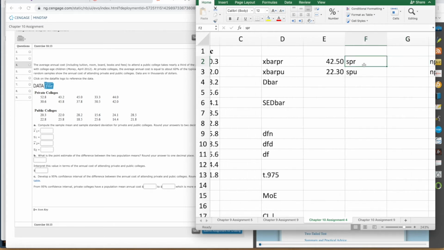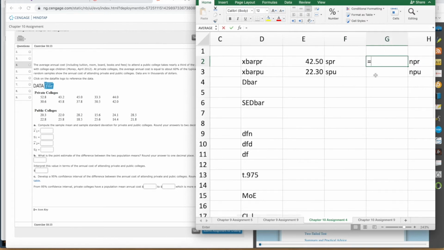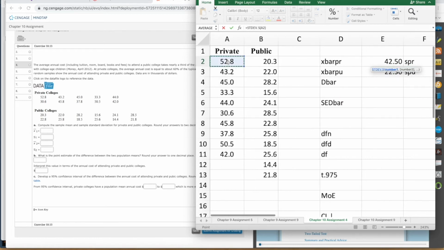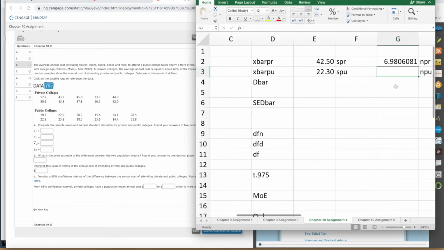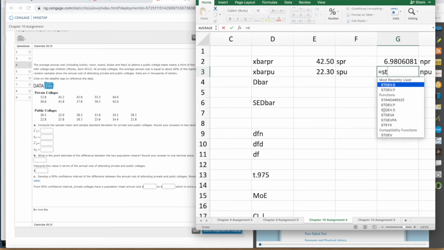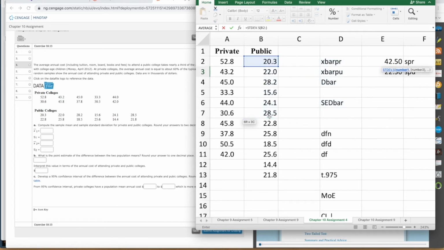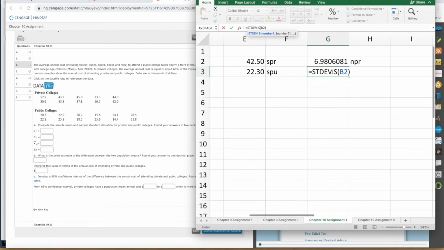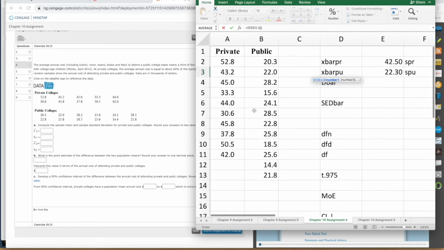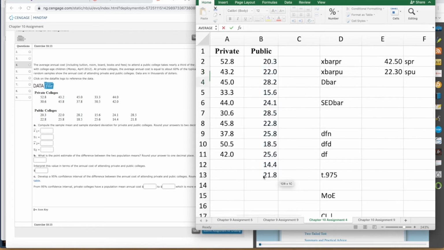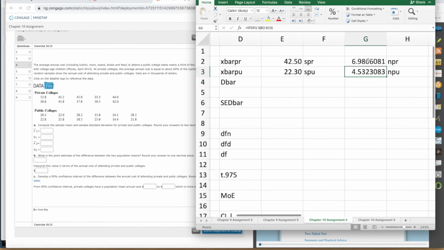So SPR, the sample standard deviation, STDEV.S for the sample of private, and STDEV.S for public. So there are our standard deviations.